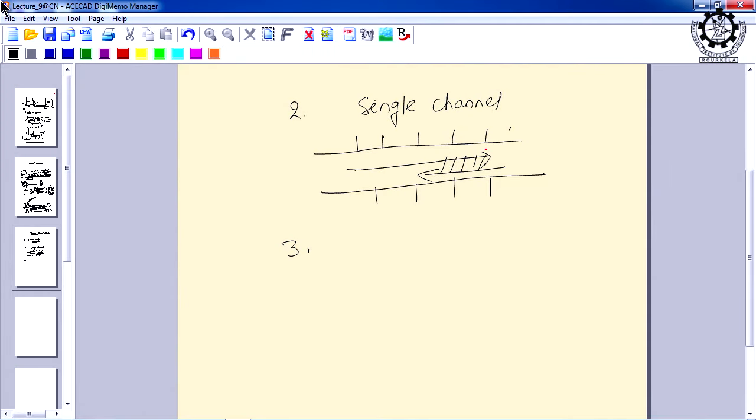It is an unsuccessful transmission. So, the third assumption is that whenever there are multiple signals inside the channel there should be a collision, and this collision should result in data loss and subsequently retransmission, all those things. That is your third assumption.